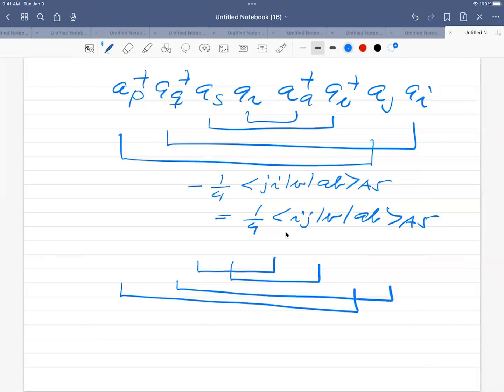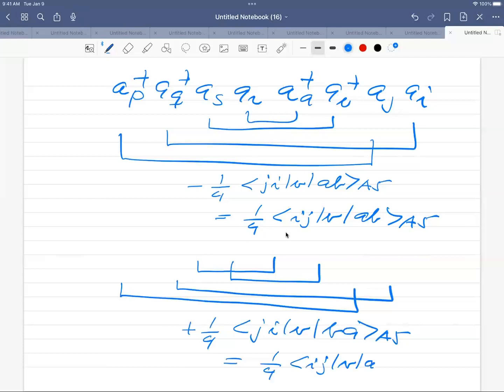So I get a minus sign from this interchange, and I get a minus sign from this interchange. So that gives me plus. So I have plus 1 divided by 4, but then I'm going to get JI of V of BA anti-symmetrized. And that is the same as 1 divided by 4, IJ V AB anti-symmetrized.